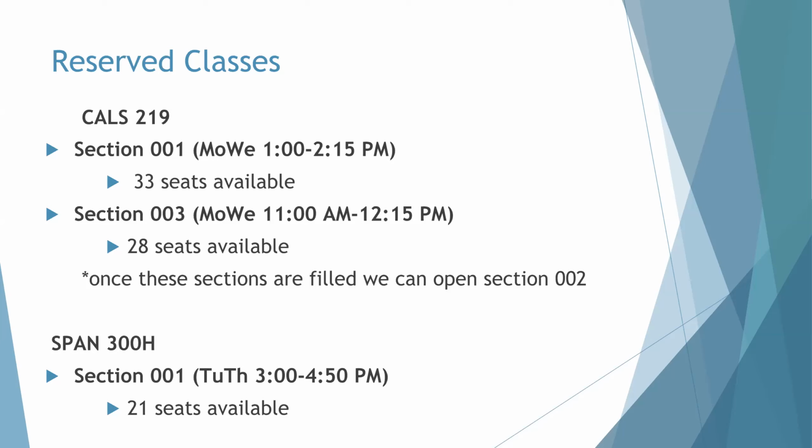So as we were mentioning before, the lower unit classes are considered lower division courses, and from 300 to 499 are considered upper division classes. So this class is an upper division course, but the reason why it's been reserved for Huerta first year students is because some of us already speak Spanish.